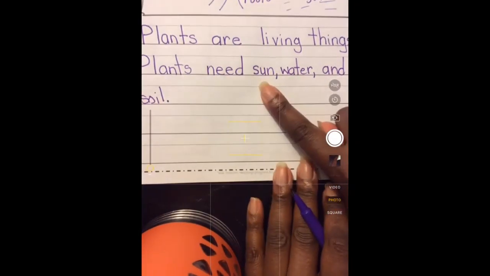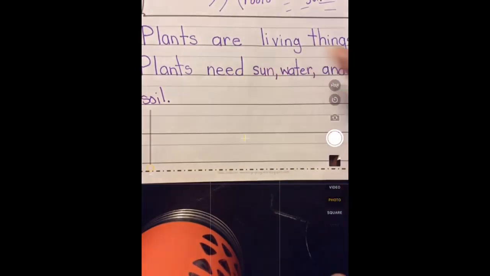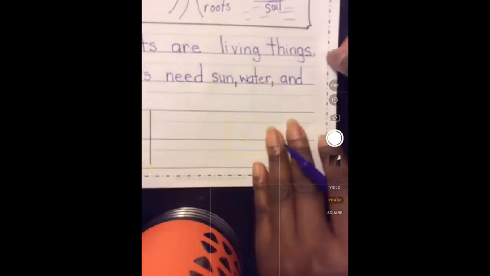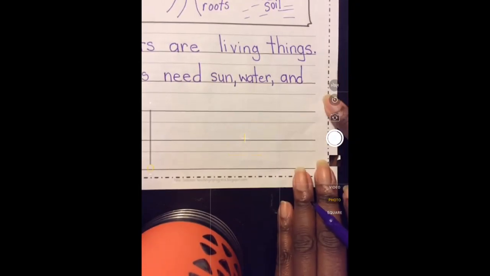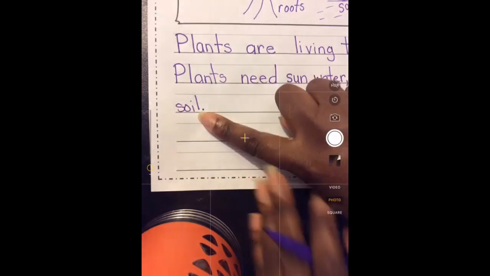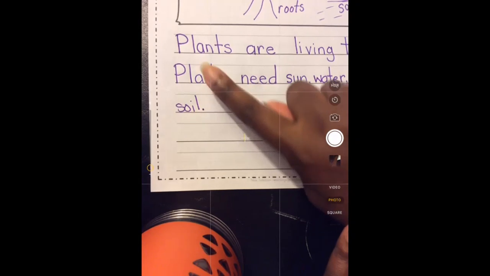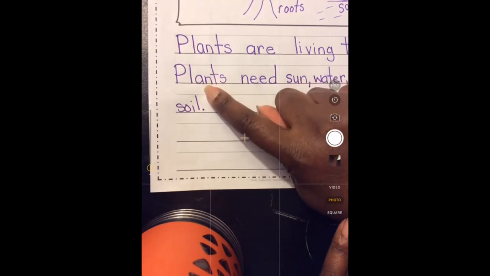Plants need sun, water, and soil. I didn't squeeze it in back here because I don't have enough space to write it in there. So I came back to the beginning and I wrote it right here, okay? And it's lowercase because it's part of this sentence.